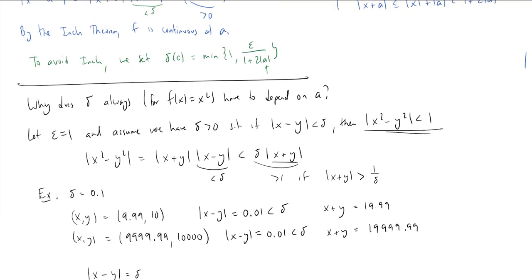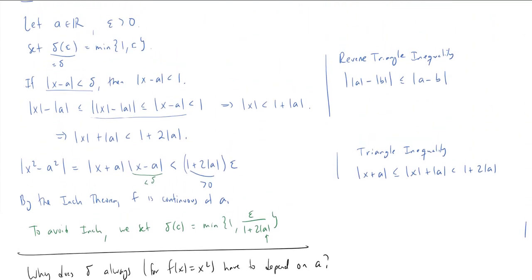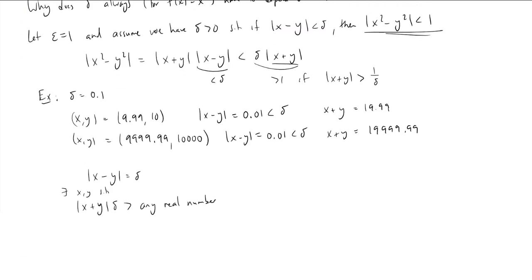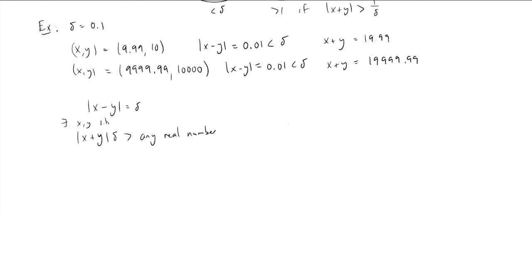So this example that we did up here, we weren't just unlucky, we weren't just making a poor choice of delta. You really do have to worry about the a. And just from a geometric point of view, the reason why this is happening is that when we drew the constant function, there's no change whatsoever. When we drew the identity function, there's change, but the change is always the same.